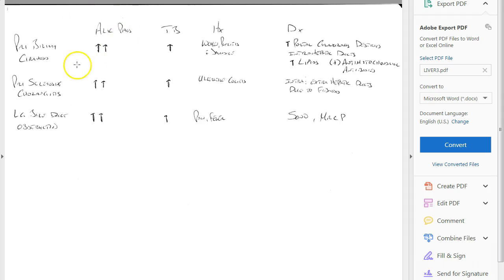Alk Phos is going to be sky high. You're going to see elevation of total bilirubin. It can affect men, but more in women. Pruritus, they are itching all over. These people are jaundiced, they have ascites.